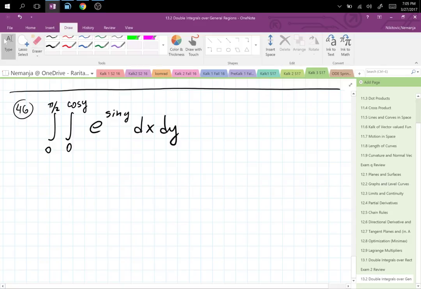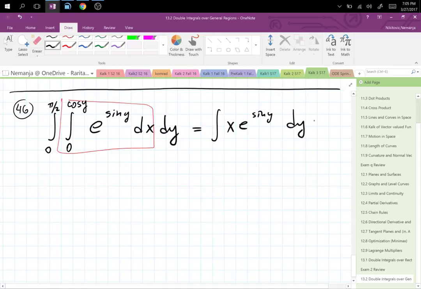So the first thing is I am integrating the inner integral. As we can see, the entire function is in terms of y, and we integrate in terms of x. So all we're going to get is e to the sine y, because the whole thing is in terms of y. Now, the limits are 0 to cosine y.